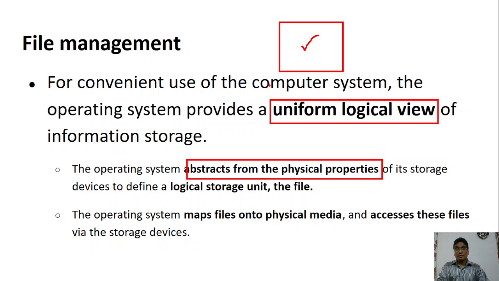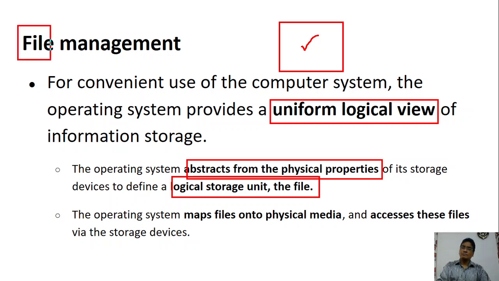So what the operating system will do is give you a logical unit called a file. You want to store some information. That information can be as simple as text, or an image, or a video, or audio, anything for that matter. The operating system will tell you, everything is a file.